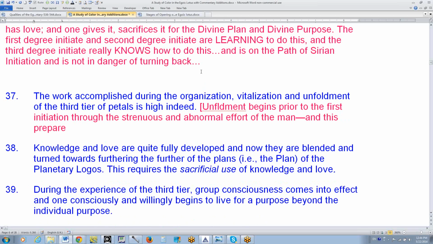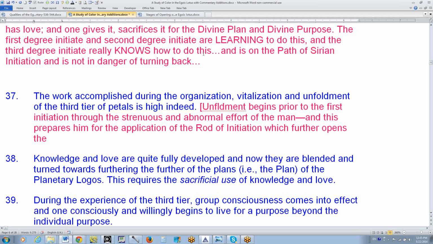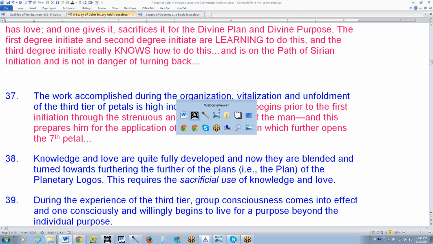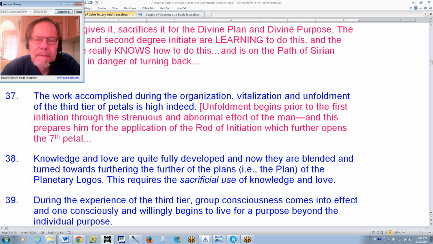And this prepares him for the application of the rod of initiation, which further opens the seventh petal. And this we have discussed, sometimes fairly rigorously, in the attempt to confirm that this is how it happens. So it is high work, important work, and forced progress.